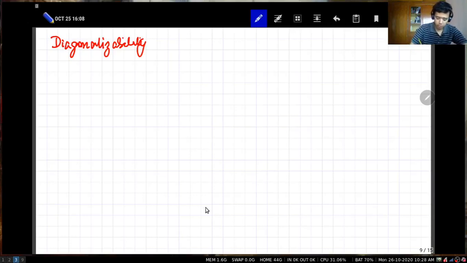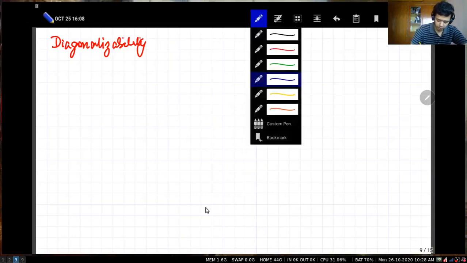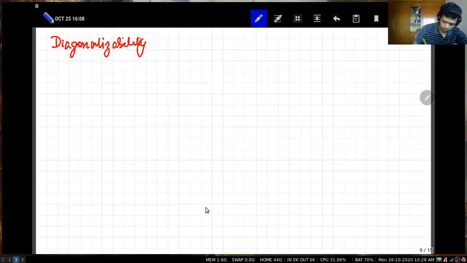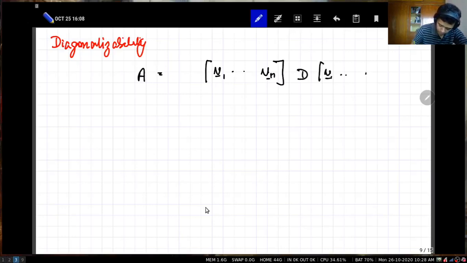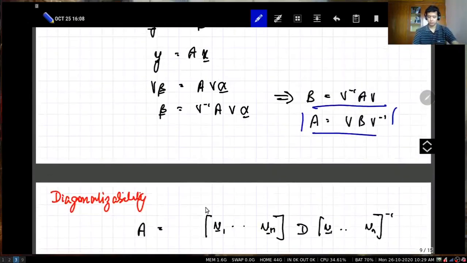What diagonalizability implies is that if we have v1 through vn to be a basis of eigenvectors, then the matrix A can be written as V D V inverse, right?